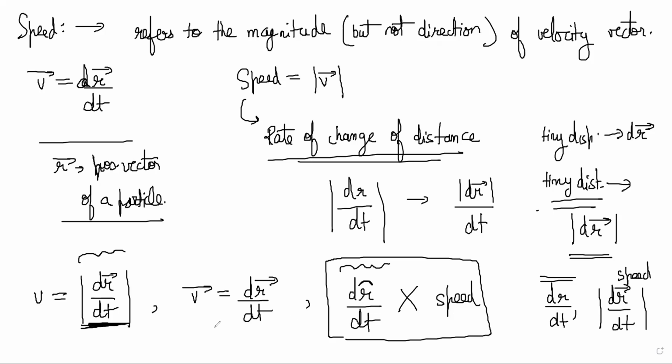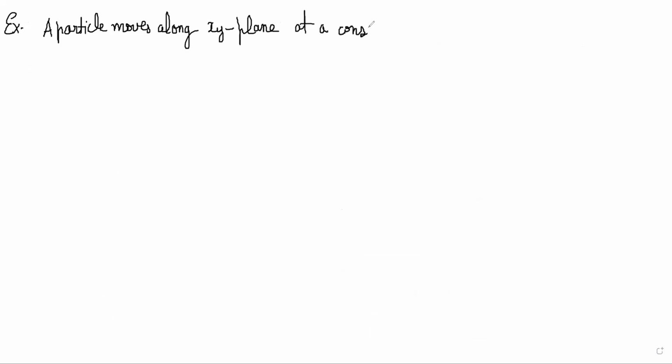This term is speed. This term is nothing related to speed. So let's discuss this with a particular example. The example is this. A particle moves along the xy plane at a constant velocity of 10 meter per second in the positive x direction.